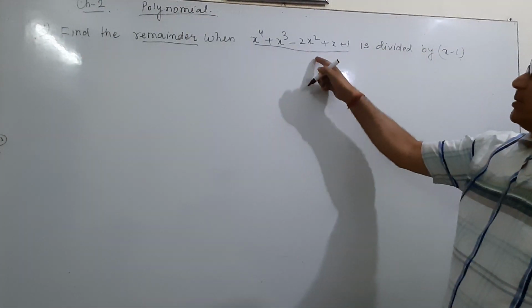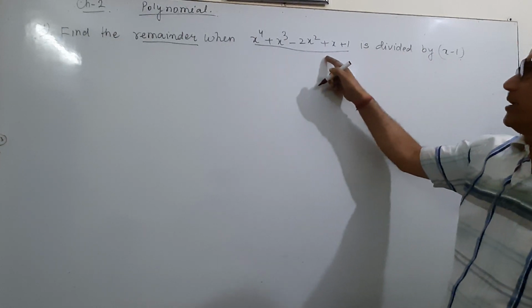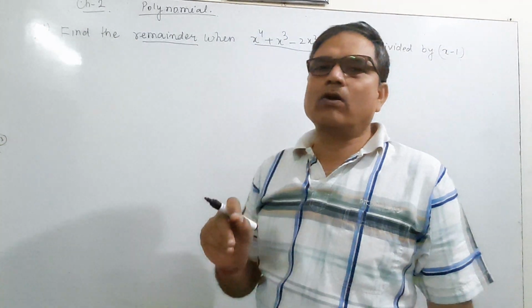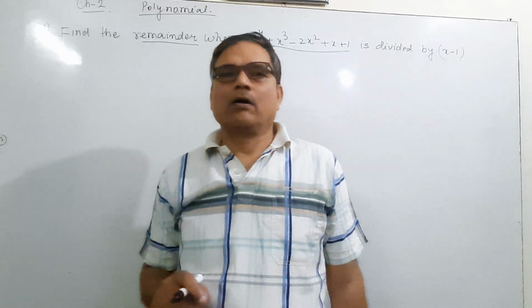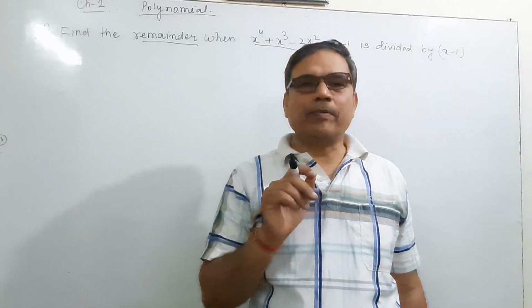It means this is the dividend and this is the divisor. First we will solve by the long division method.